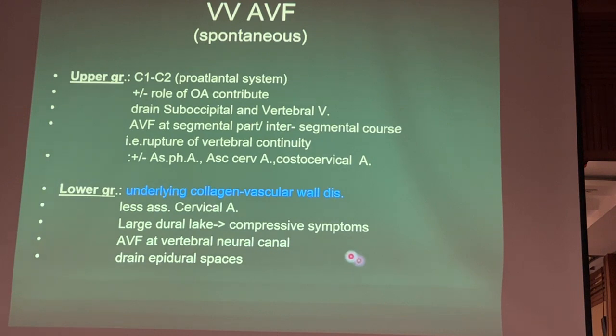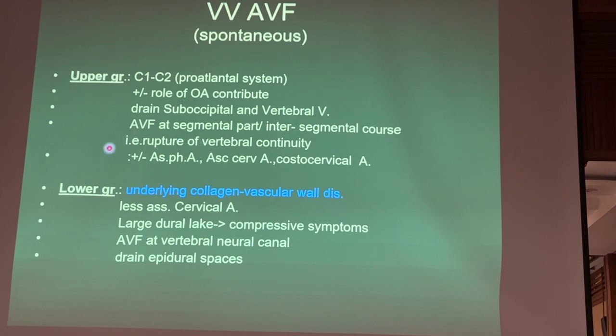So if we talk about vertebral arterial fistula, we have a big group of disease. The upper group, between C1 to 3, is still related, C1, C2, to the proatlantal system. There is a role of occipital artery contribution, and the drainage is mostly, as I told you, suboccipital and vertebral veins.